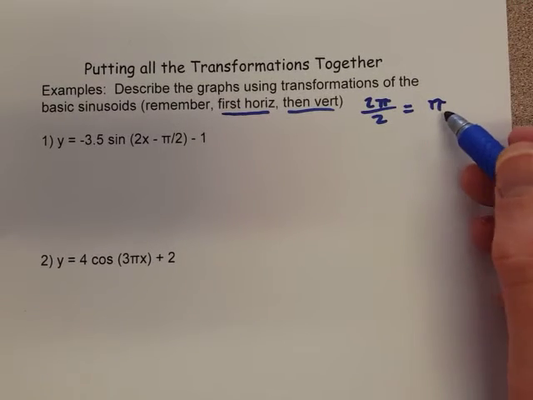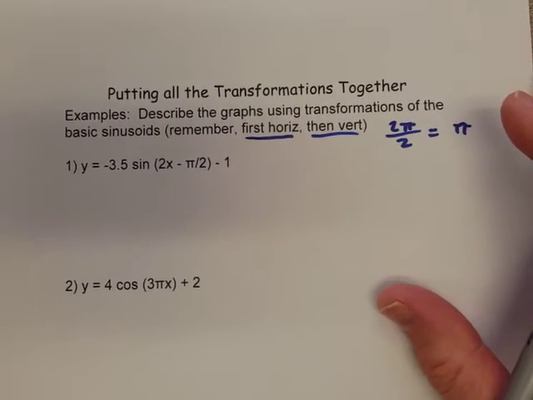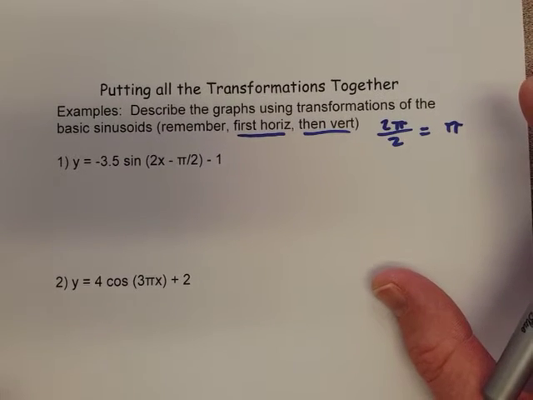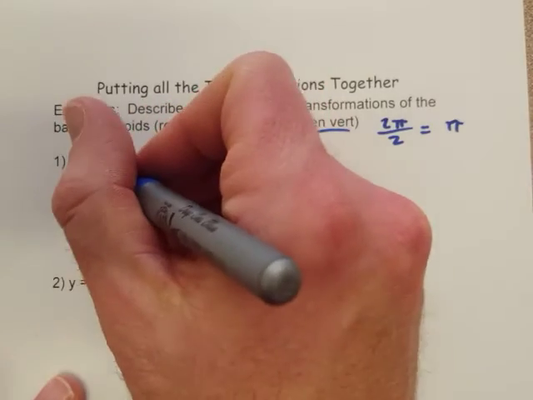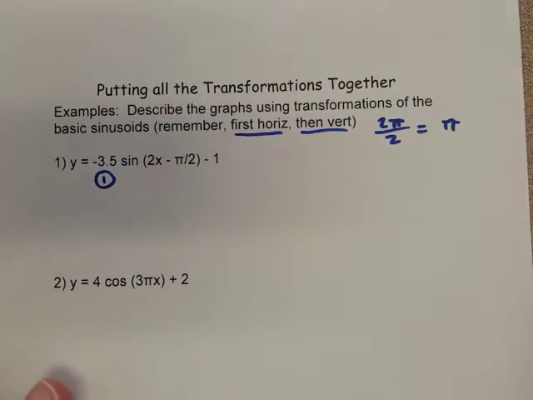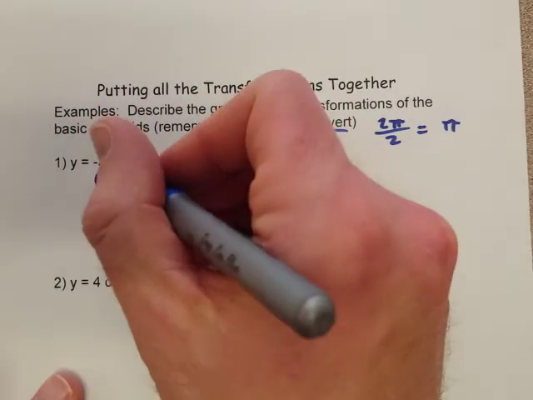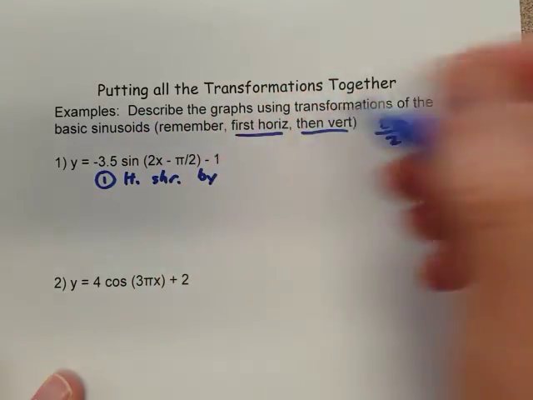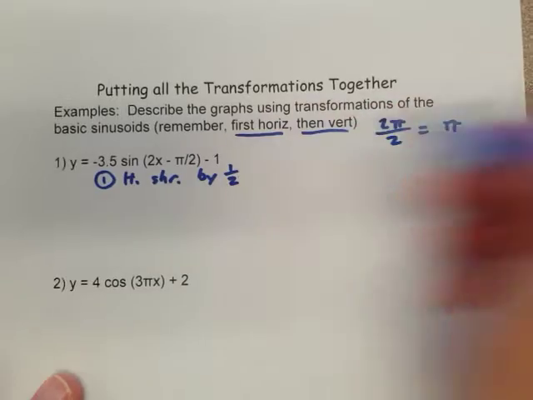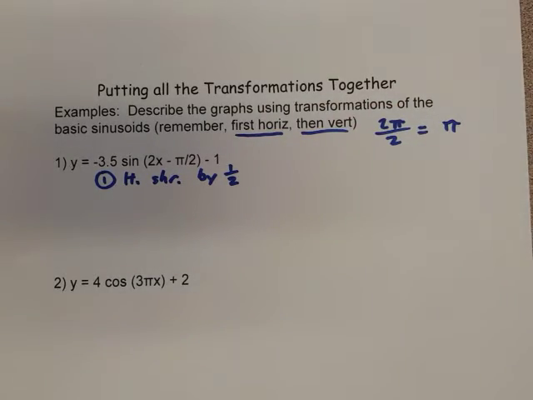Now, since this pi is half the size of our normal period, we'll say that this one is a horizontal shrink. So the first transformation in this case is a horizontal shrink by a factor of 1/2. It is 1/2 the size of the original.